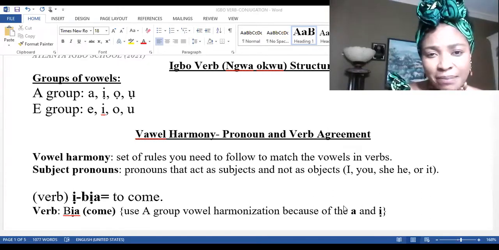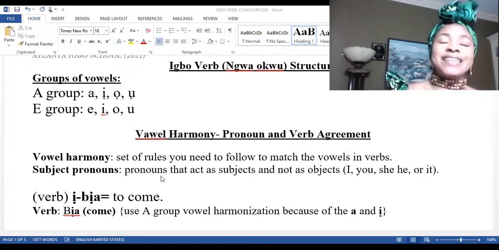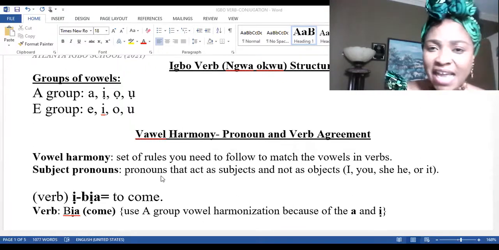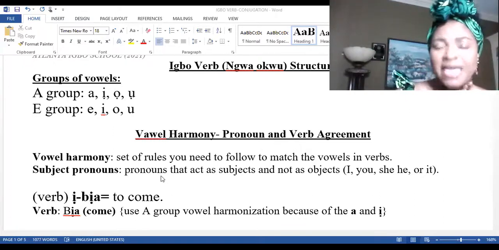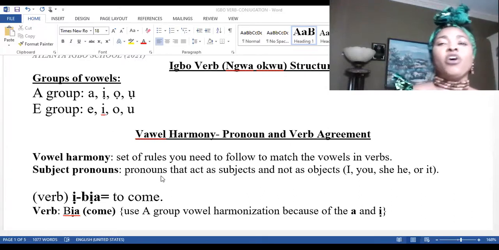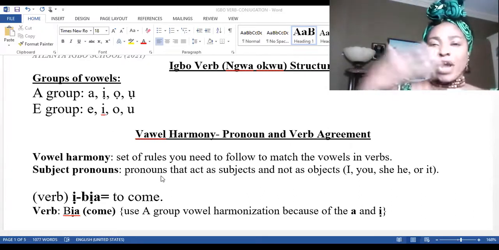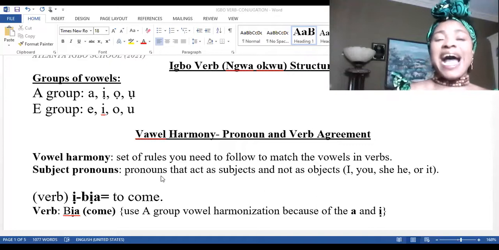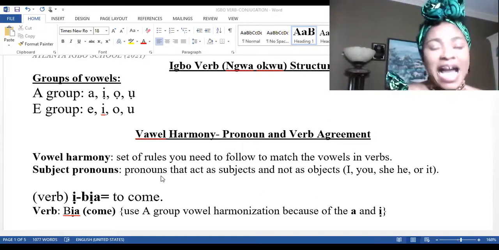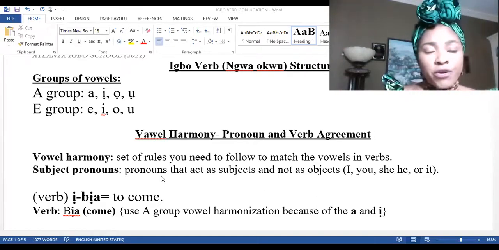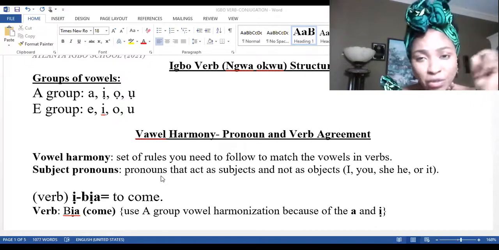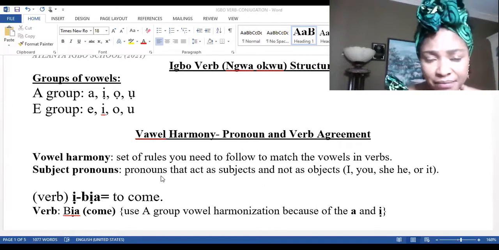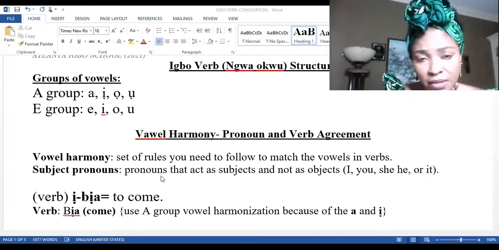Then if you want to put it in the past tense, you say Abiaram. It means you came. Now, if you want to tell me that you are going to come, I will come. Agama abia. I have it on the note here. So go over the notes. If you do not understand anything, I would like you to test me. Okay? Yes, Auntie. All right.